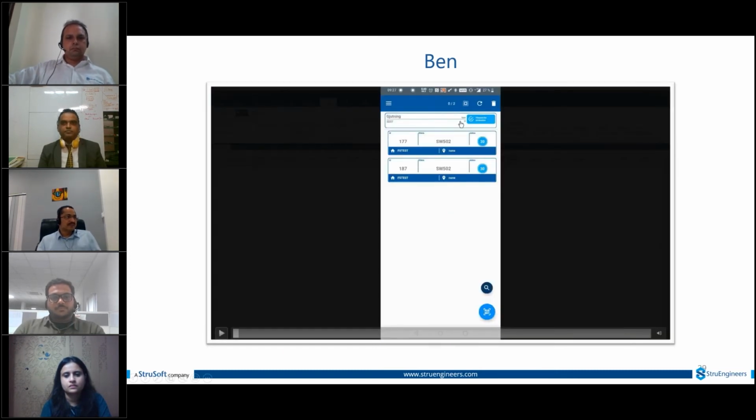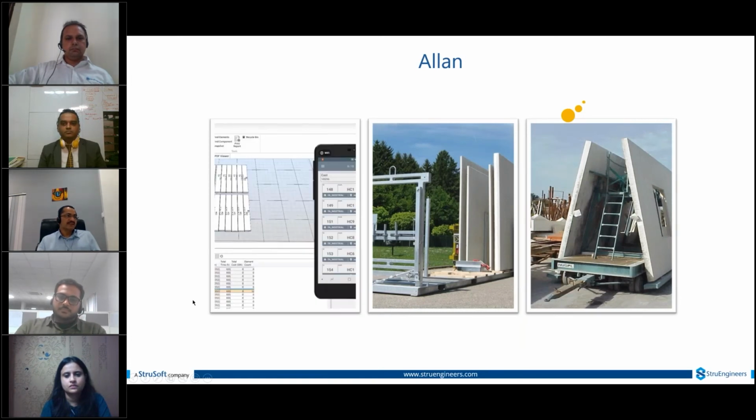And then Alan, who is a logistic manager. As Mangesh said, the transportation is very important, because the main governing factor here was the capacity of the trucks and the cranes which can lift the elements.